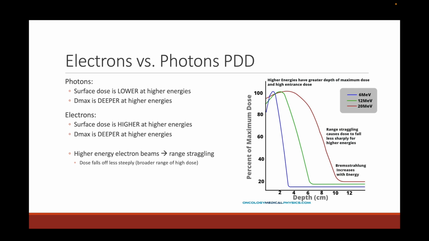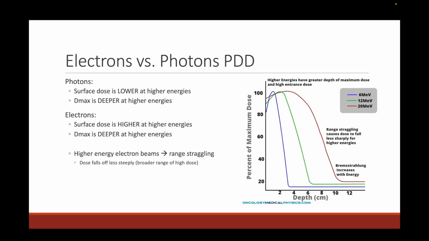So they first have to undergo a Compton interaction before there's enough buildup of electrons to establish electronic equilibrium. So with photons, there's a buildup region once those photons hit the skin, and the surface dose is lower at higher energies because that buildup region is greater for higher energies.